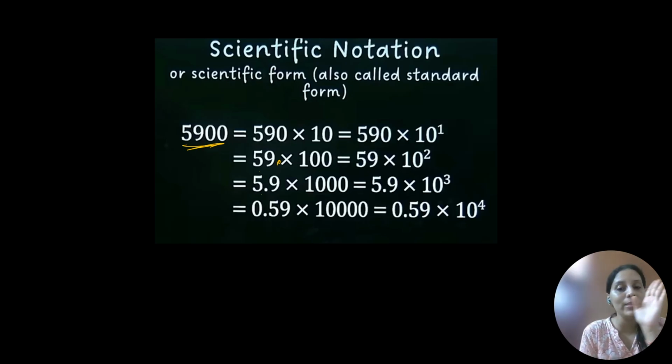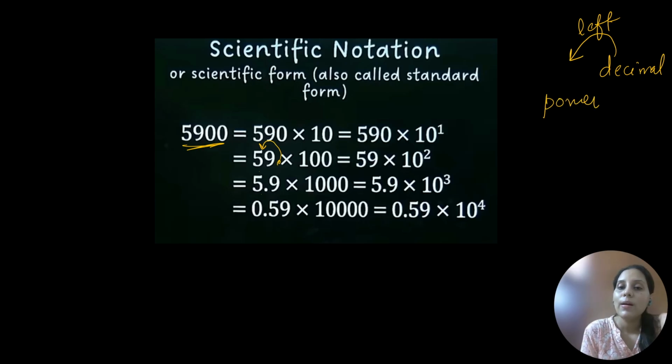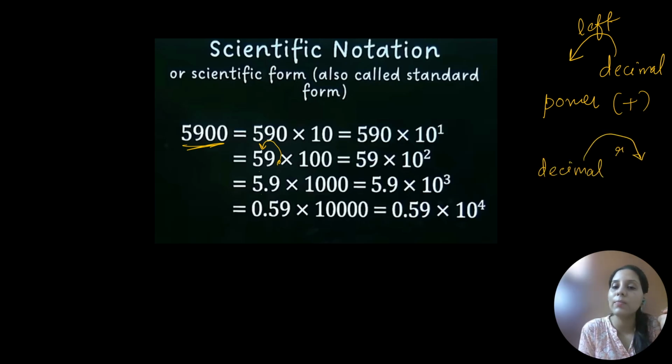If there is no decimal, that means the decimal is at the end. I'm moving the decimal towards my left. That means if I move the decimal to the left side, what happened? The power is positive. Power is positive. But similarly, if I move the decimal to the right side, the power will be negative.